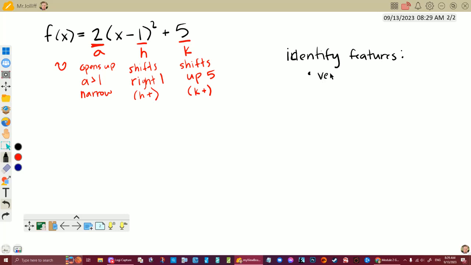First, you should know how to pick out the vertex. We know that that's h comma k. Second, you should know how to pick out your axis of symmetry. That's the equation x equals h. That's the line that cuts it in half. And then you should be able to pick off x-intercepts and y-intercepts from the graph.